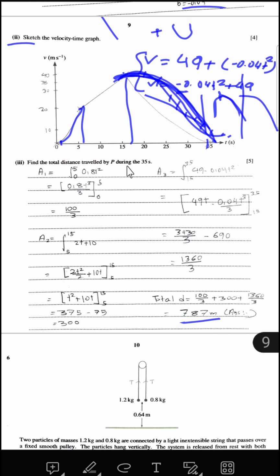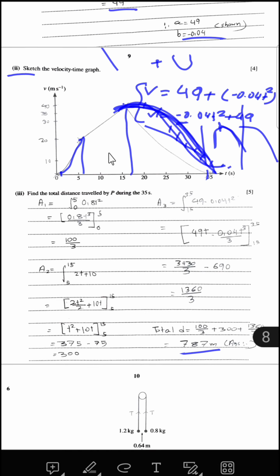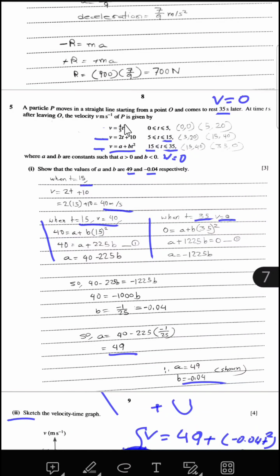Then part 3 of question number 5. Find the total distance traveled by P during the 35 seconds. That is, we need to find the area under this velocity time graph. The area under this velocity time graph would come from the equations, as we have 3 equations. So we have to integrate these equations in order to find the distance in the range of the given time.